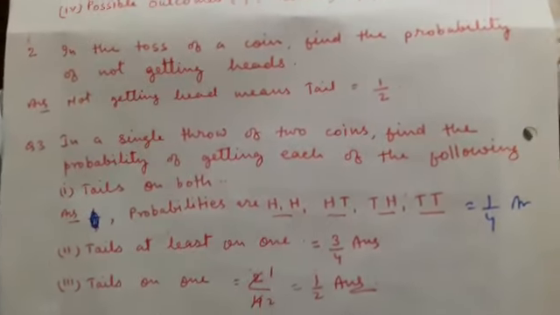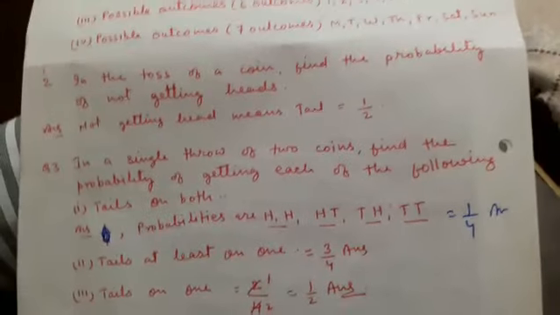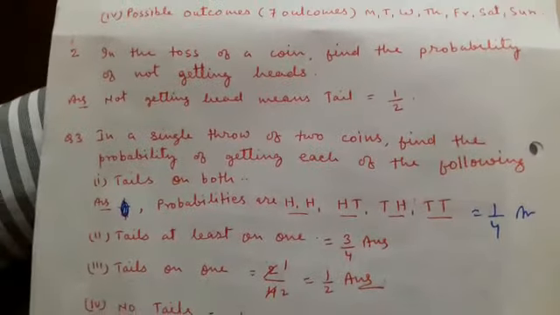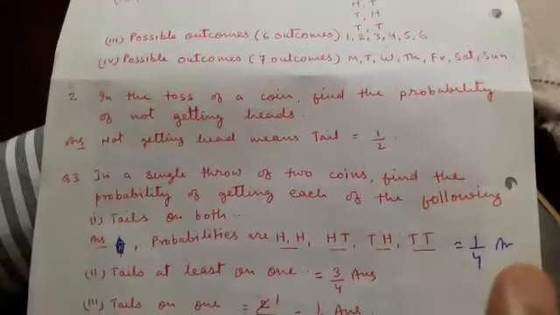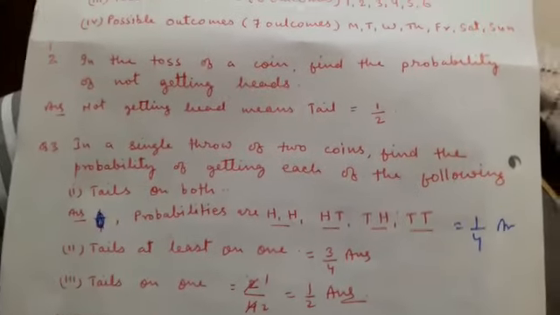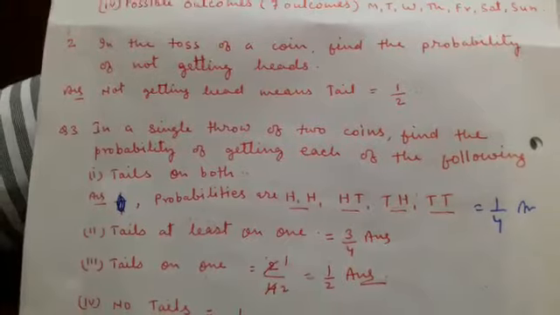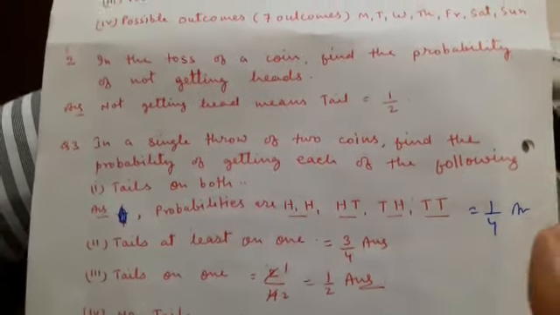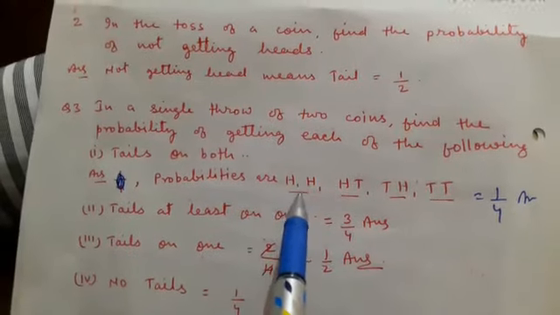Now come to question number 3. In a single throw of 2 coins, find the probability of getting each of the following. First, tails on both. If we are tossing 2 coins at the same time, what will be the probability of getting tail on both the coins? So these are the outcomes.